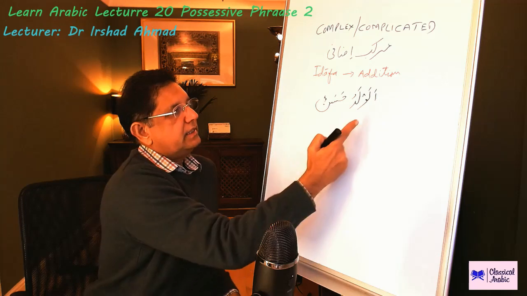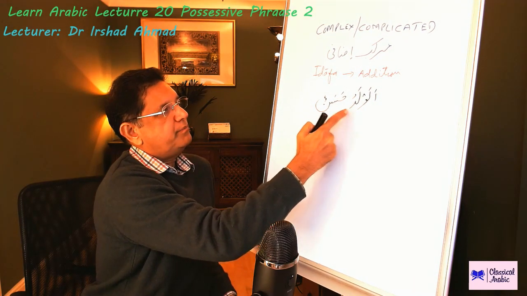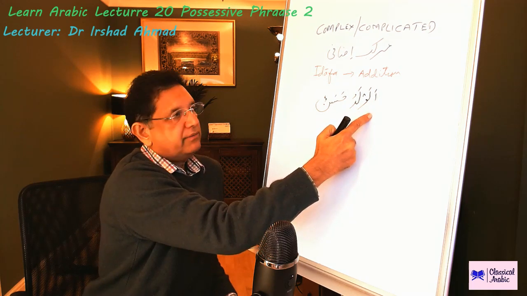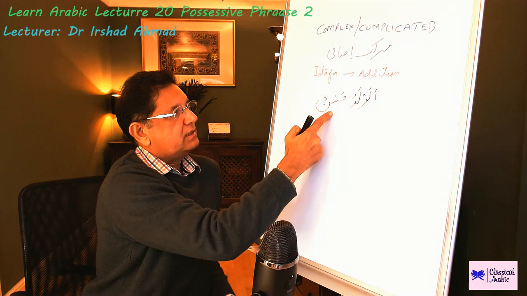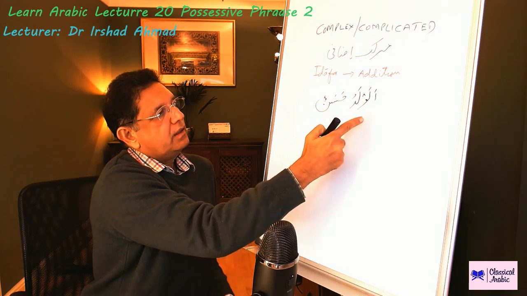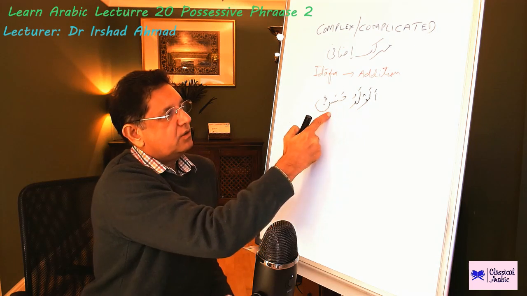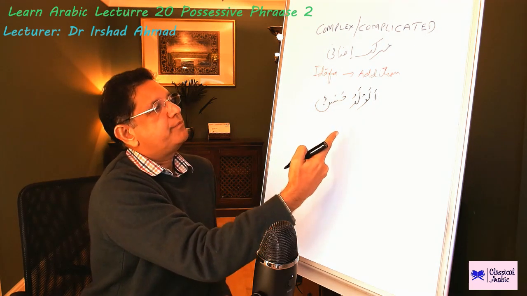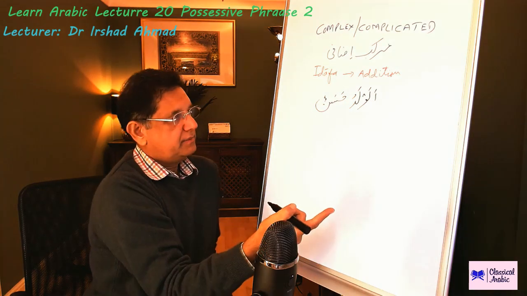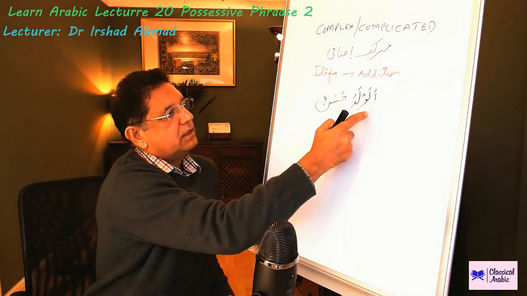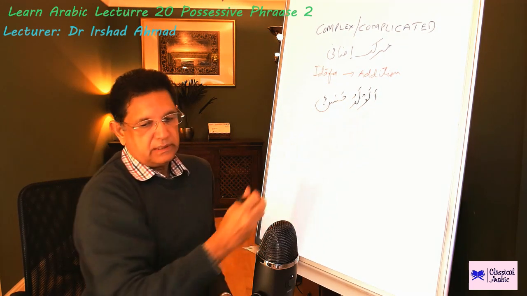Just to recap, boy is Mubtada, Hasan is Khabar. Mubtada is usually definite, so it's Al-waladu. Khabar is usually indefinite, so that's Hasanun. Mubtada is always in Rafa, Khabar is always in Rafa on their own right. And from the other two perspectives, other than Jins point of view, Khabar follows Mubtada.